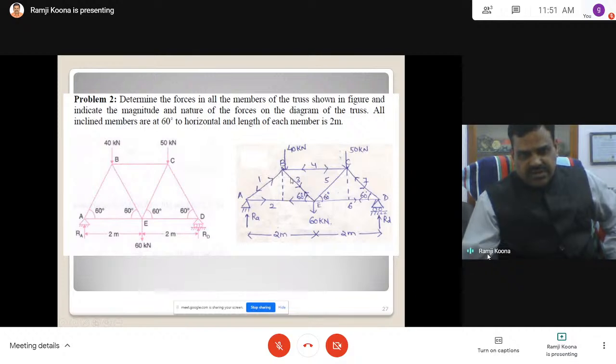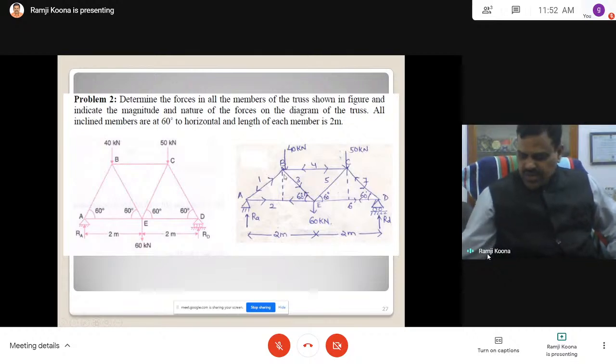You can consider either towards joint E or away from joint E, the choice is yours. This is unknown, this is unknown: three unknowns. Directions are known, magnitude is unknown. We can apply sigma Fx 0, Fy 0, but we cannot apply moment 0. That's why only two unknowns should be there, but there are three. That's why we cannot go after joint A to joint E.